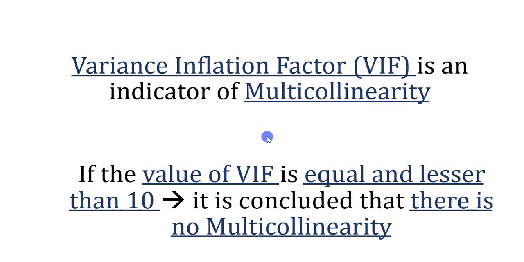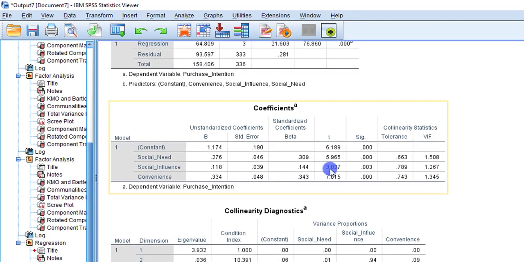So let's see, by just looking at the value of VIF, whether the model we have just estimated has a multicollinearity issue or not. As you can see on the right side, under the heading of collinearity statistics, there is one column named VIF.